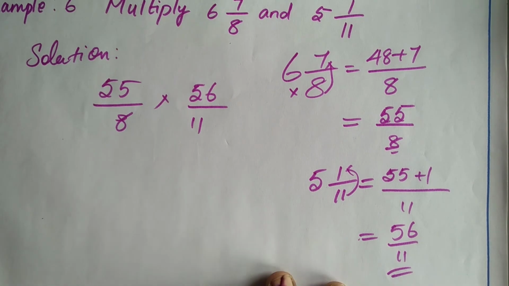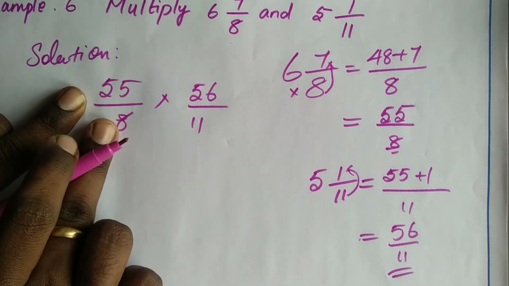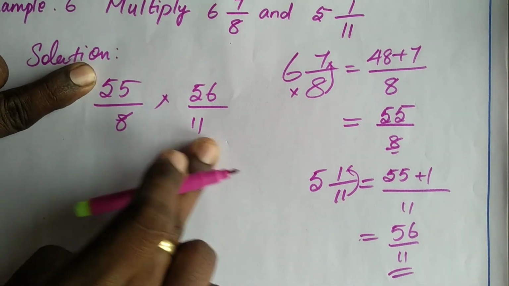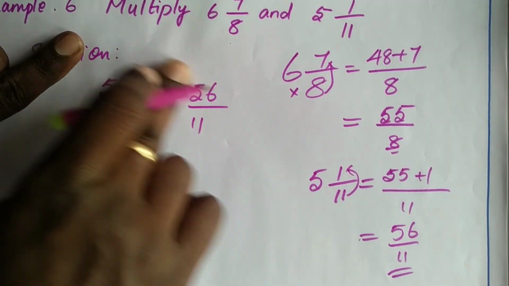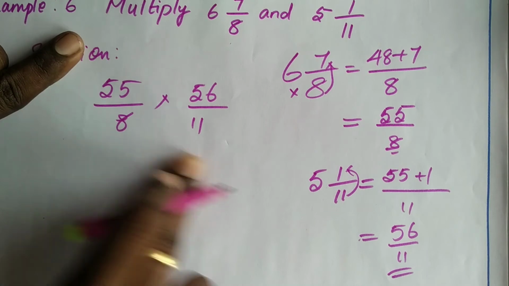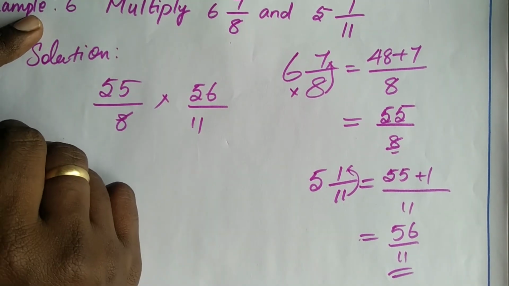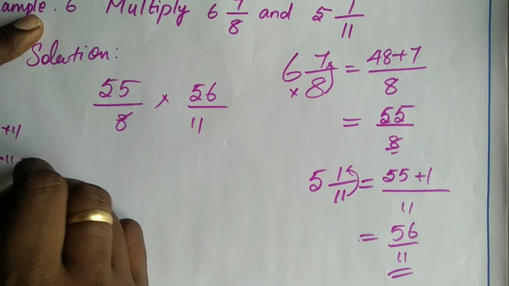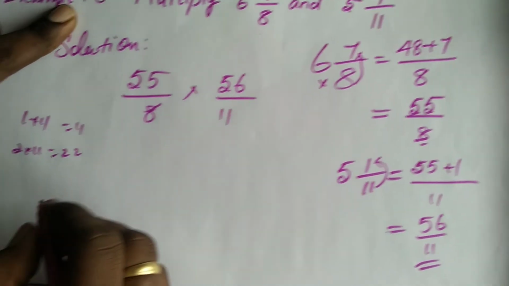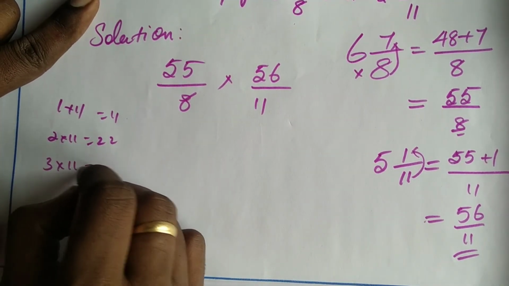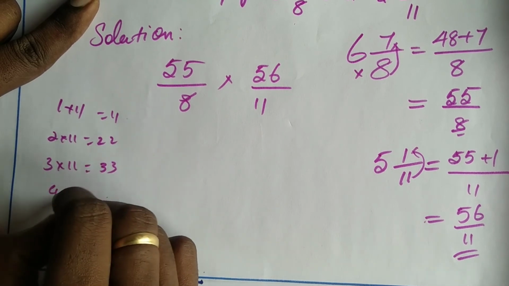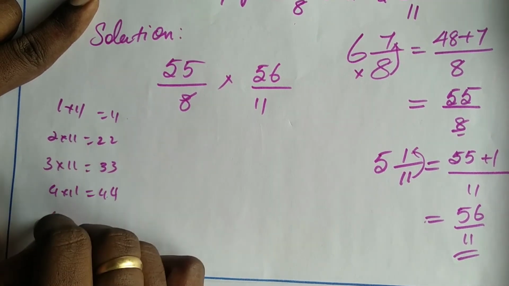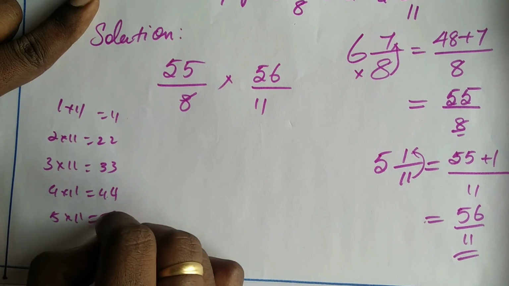Now check whether there is any common factor. First, easy: 55 and 11. We can easily identify the common factor between 11 and 55. 1 11 is 11. 2 11 is 22. 3 11 is 33, 4 11s are 44, yes, 5 11 is 55.